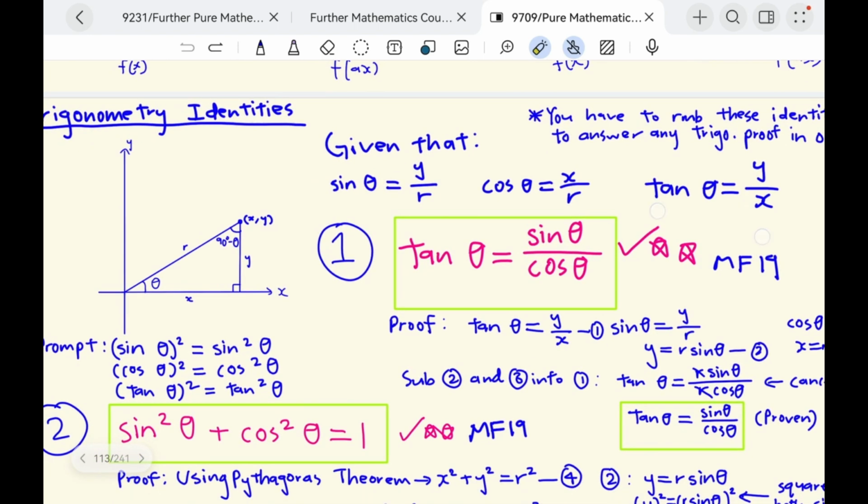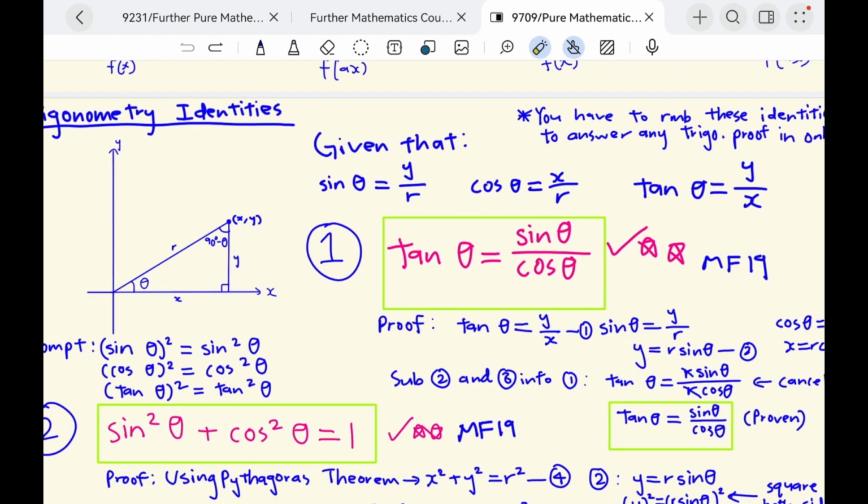So write out all of these definitions of the trigonometry ratios, and you may draw a right angled triangle, because a right angled triangle is closely related to trigonometry.